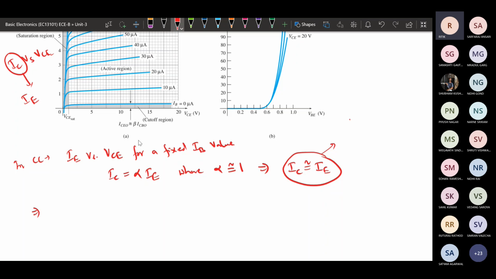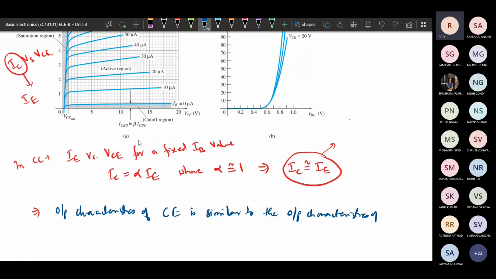So we can note that the output characteristics of common emitter are similar to the output characteristics of common collector by replacing IC with IE.